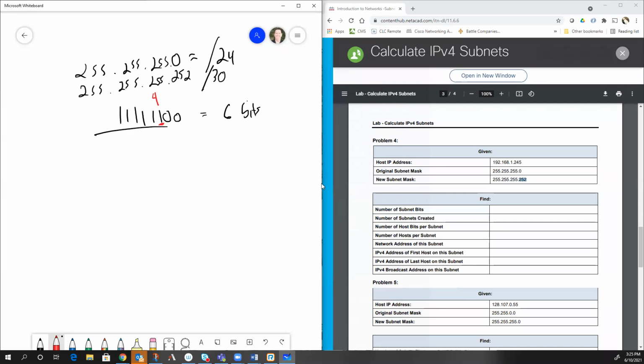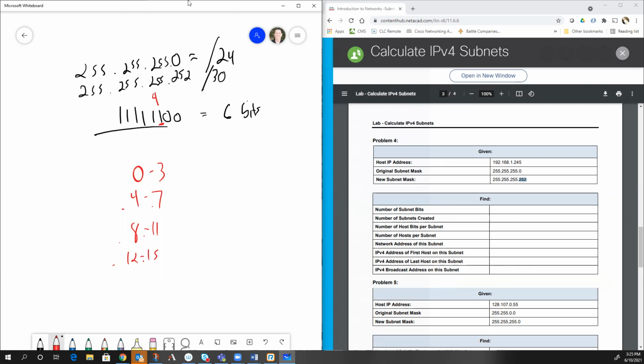So the variable is 4. So these subnets are 0 to 3, 4 to 7, 8 to 11, all the way up, 12 to 15, so on and so forth. And it's 2 to the 6th number of subnets.